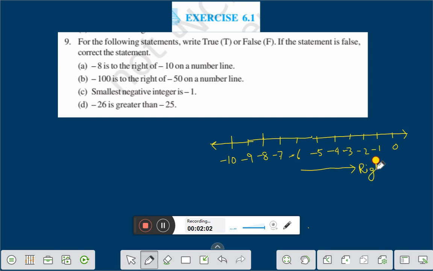If we go in the right direction, the numbers will be increasing, and if you go in the left direction, the numbers will be decreasing.